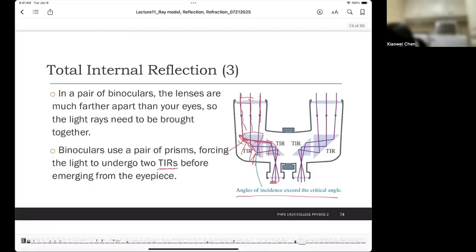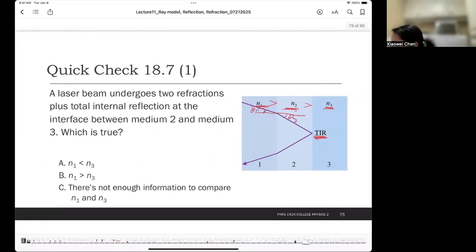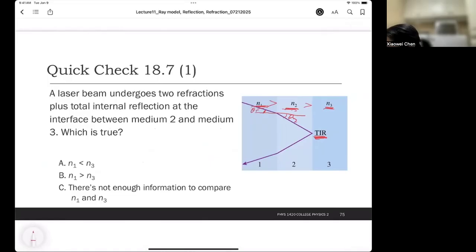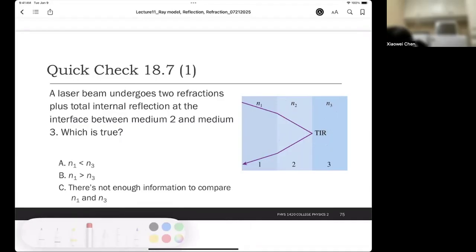Okay, let's try to review these equations. A laser beam undergoes two refractions plus total internal reflection at the interface between medium 2 and medium 3. We know if the TIR happens here, which means N2 is greater than N3.